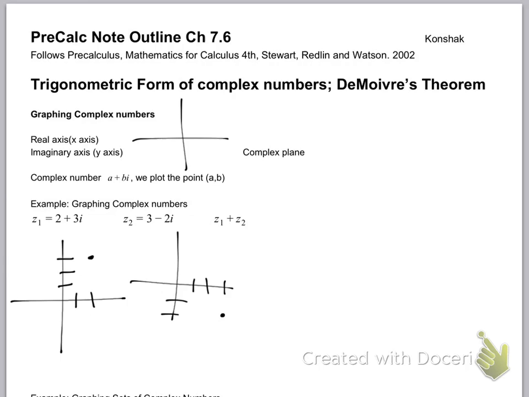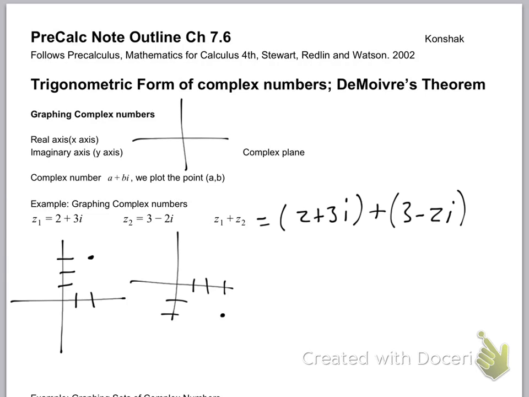But then they start to do things like z1 plus z2. And how do we do z1 plus z2? Isn't z1 just 2 plus 3i plus 3 minus 2i?